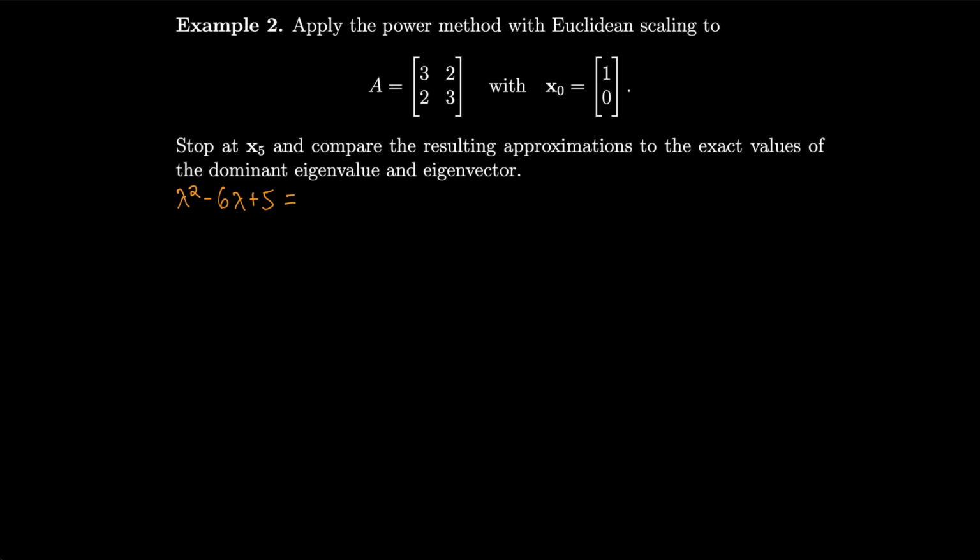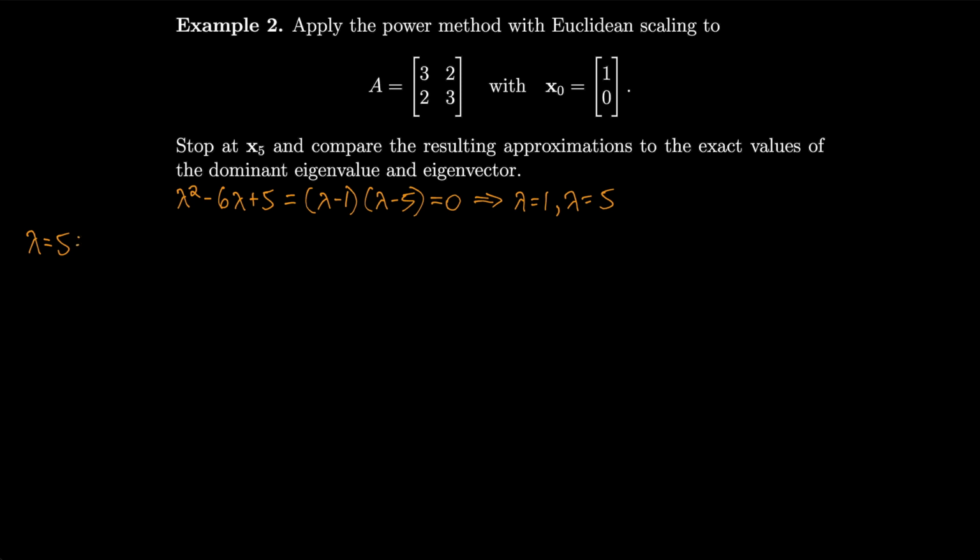In any case, this factors as lambda minus 1 times lambda minus 5 equals 0. So that gives us eigenvalues lambda equals 1 and lambda equals 5. Now let's take a look at what happens when lambda equals 5.